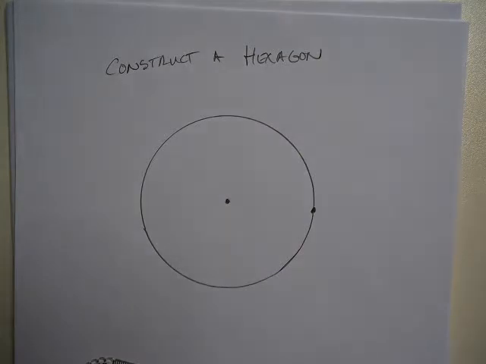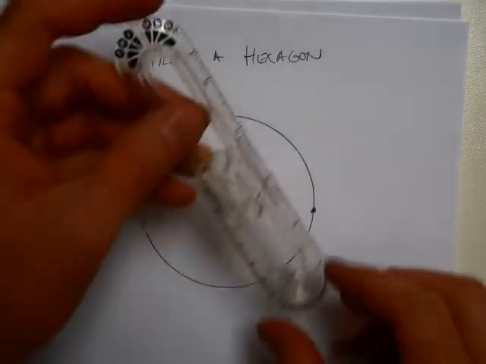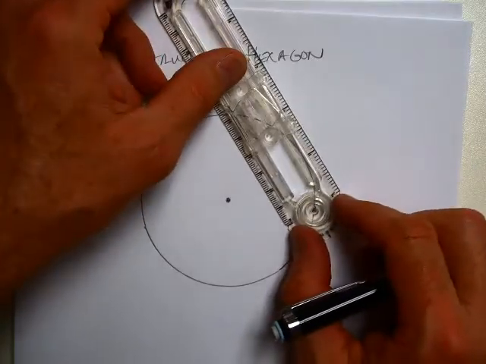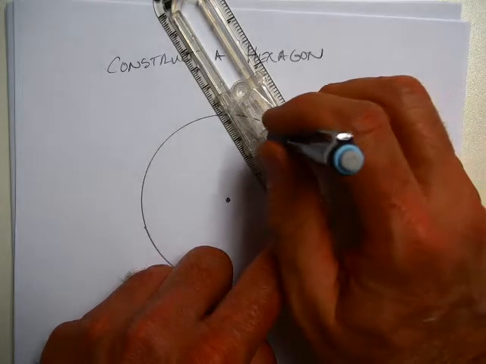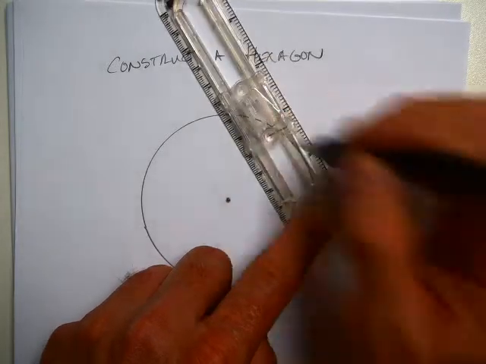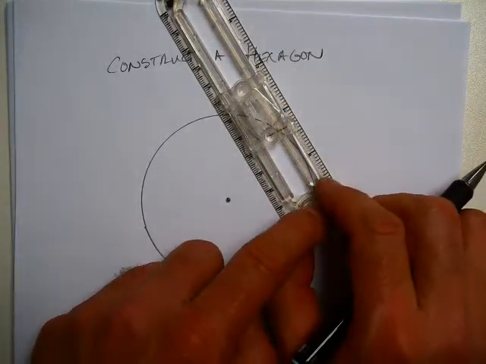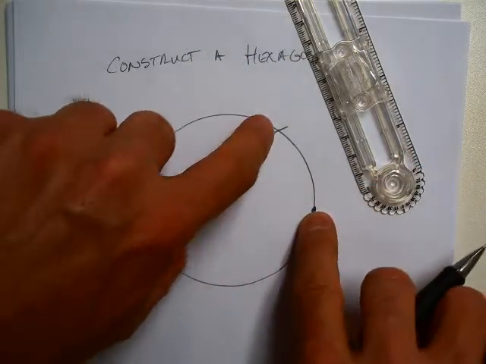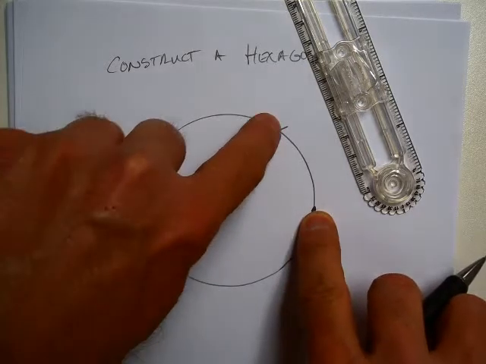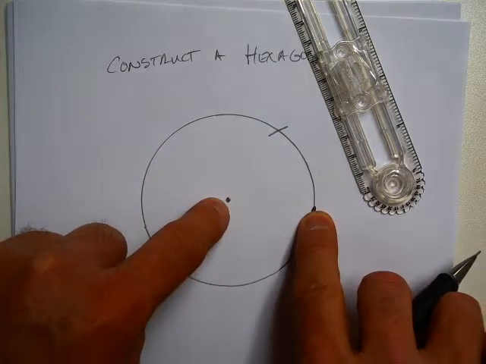It doesn't matter where. Now, that is going to be where you put your eyeball, and then strike an arc across part of the circle, like this. So this distance is the same as this distance. Okay?